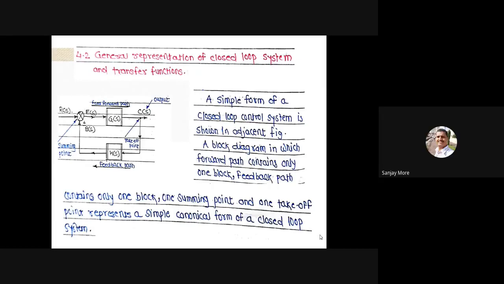Good afternoon to all. Screen is visible. Anyone please reply. Screen is visible and my voice is audible.